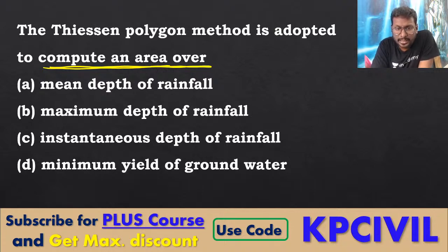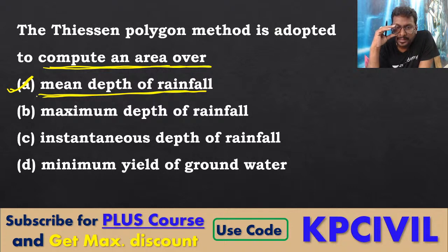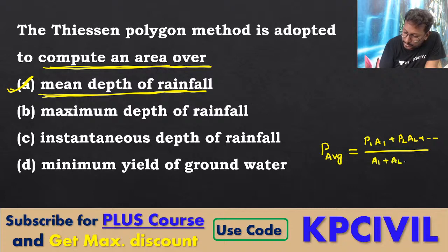Surely you will get, you are very good at answering all questions. Only Bhanu Prakash answered. What about remaining people? Mean depth of rainfall. What you are determining through Thiessen polygonal method? Average depth. We have written clearly: P average is equal to P1A1 plus P2A2 and so on, divided by A1 plus A2 plus A3 and so on.